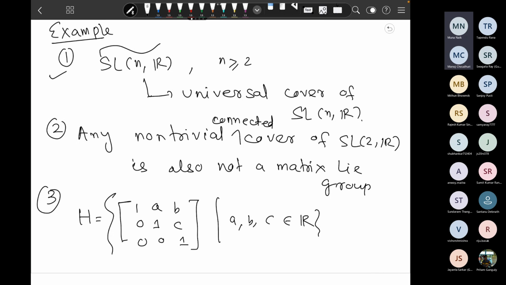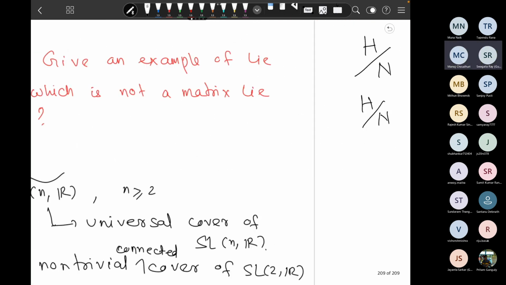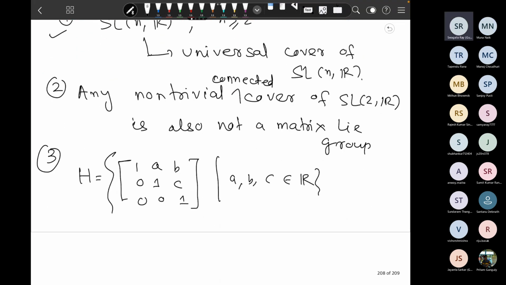Regarding 3, you are basically saying that it is not a closed subgroup of GLnC. Yes, sir.